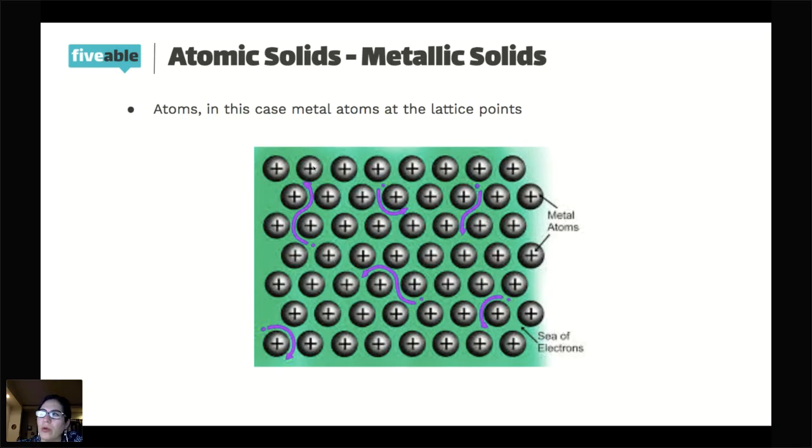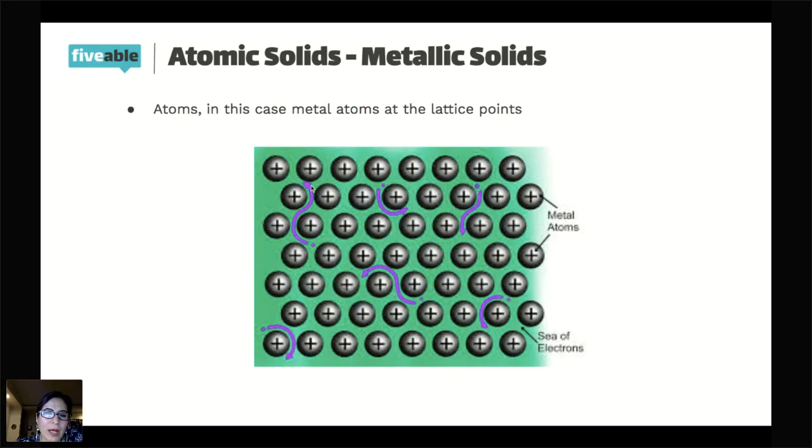The core, the nuclei and the core electrons stay in the same place, stay put. But the valence electron of each metal atom is able to be loose around, to flow easily, it's like distributed, like shared between all the cations.